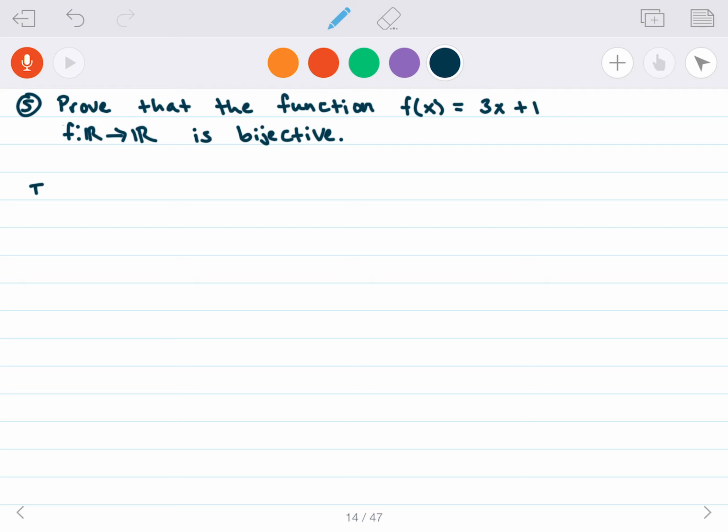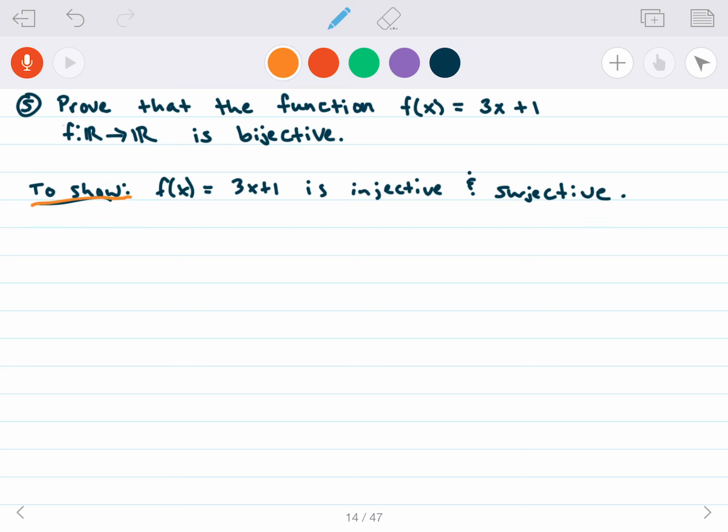So to show f of x equals 3x plus 1 is injective and surjective, I encourage you to go back to your definitions because that's all we're using here is definitions and logic. Definitions are very important. So first, injective.